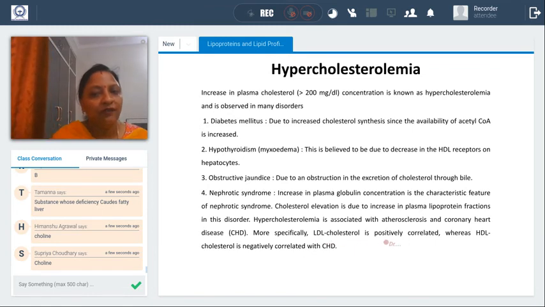LDL cholesterol is positively correlated with CHD, meaning when LDL cholesterol increases, the possibility of CHD also increases, whereas when the concentration of HDL cholesterol increases, the possibility of CHD lowers or decreases.